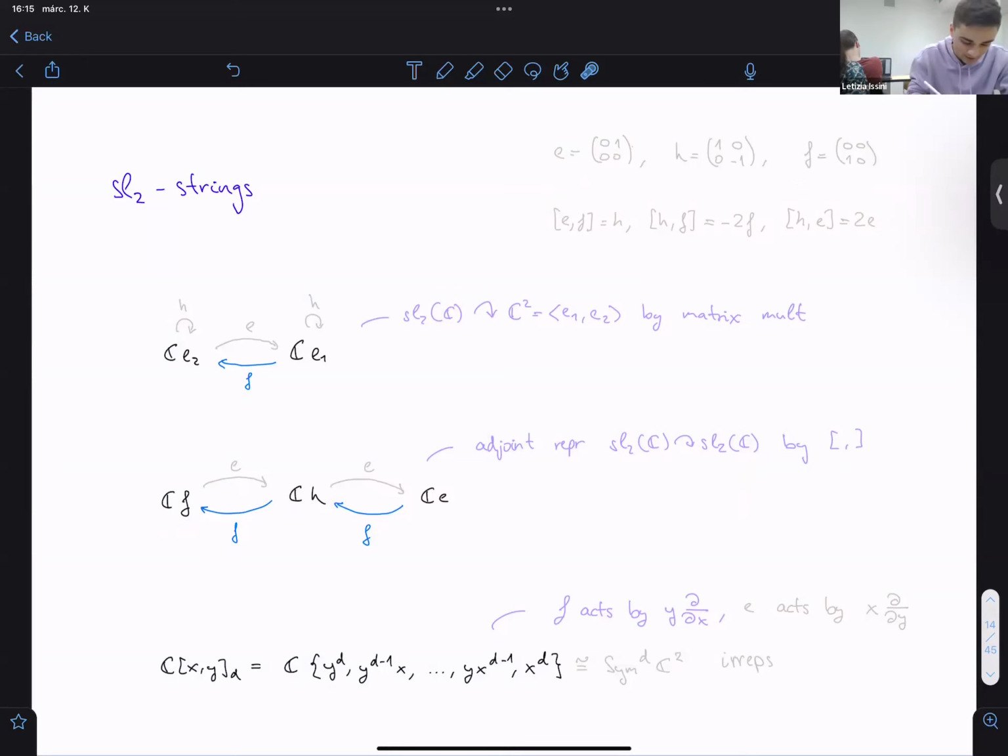But okay, so the action of F by the same formulas also takes the C-span of E to the C-span of H, and then the C-span of H to the C-span of F, and then the C-span of F to 0. So it will give us a three-string. And in general, all irreducible representations of SL2C will be of this form.